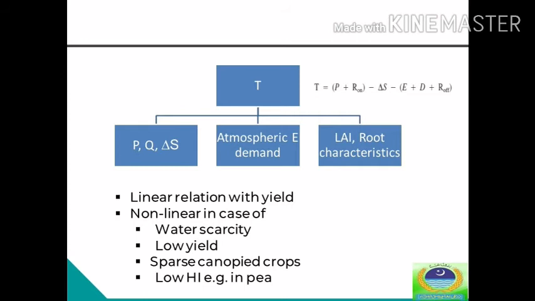This relationship also becomes non-linear in case of sparse canopied crops and low harvest index. Harvest index is highly variable generally in dryland conditions.